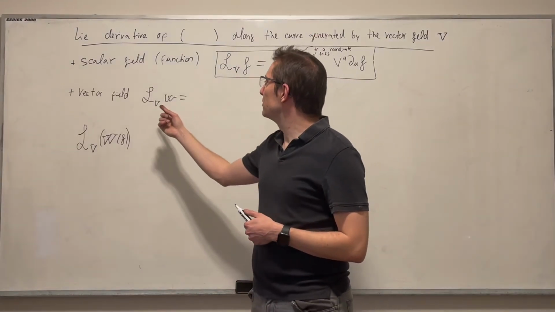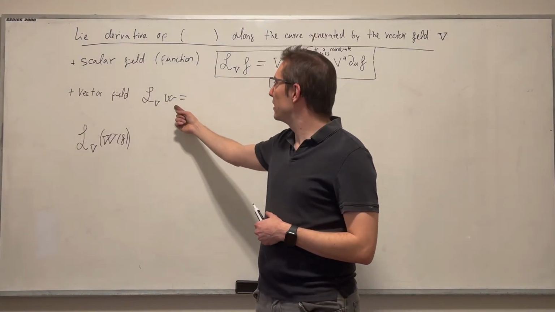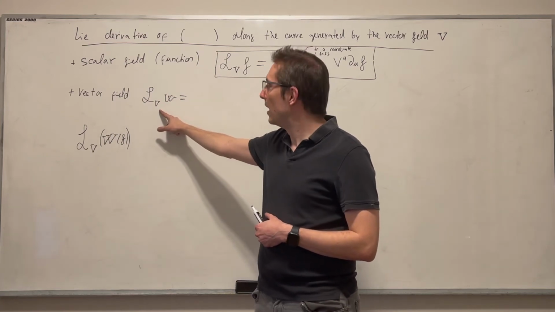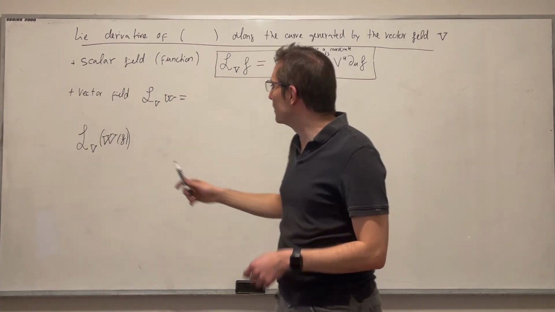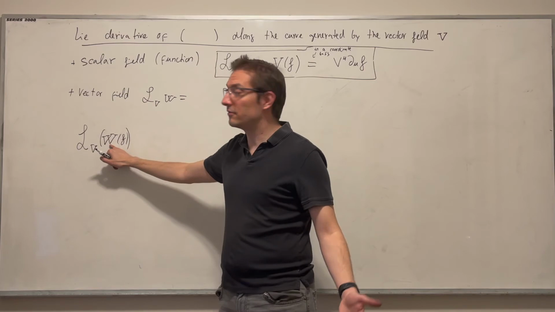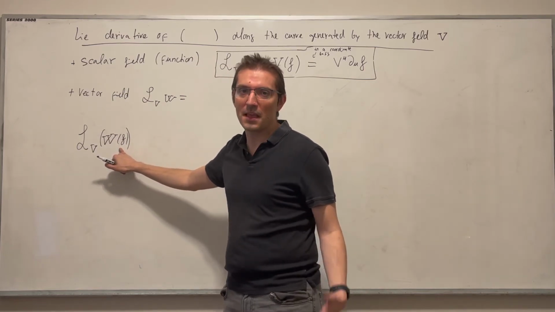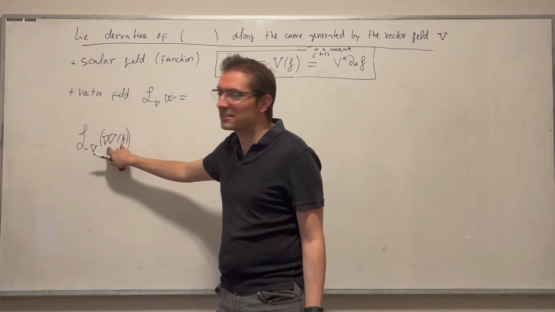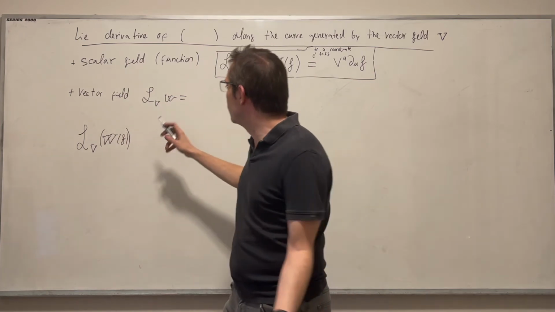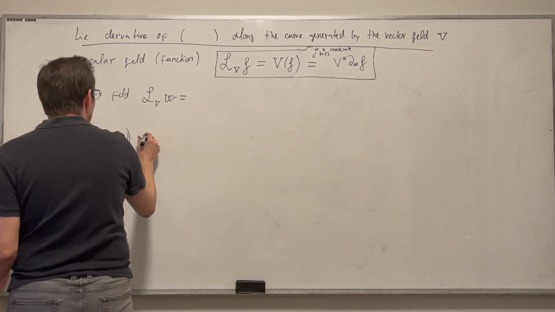So now let's see what is the Lie derivative of a vector field. To compute the Lie derivative of a vector field w in the direction of v, we're going to use a little trick. I'm going to compute the Lie derivative of the vector field w acting on the function f. Why is that? Because this is a function in itself, remember? And we know what it is. This thing is equal to two things at the same time.